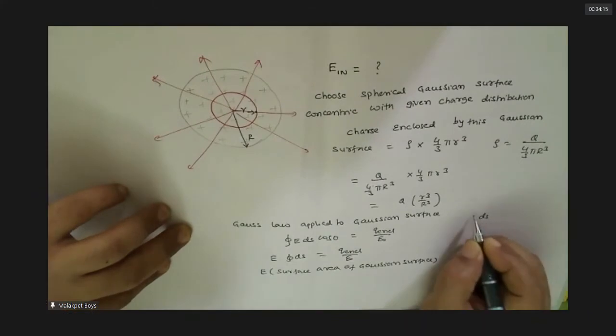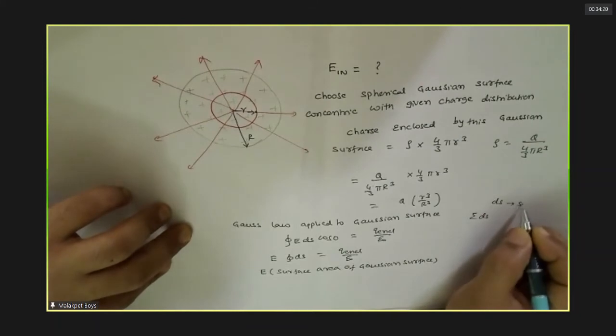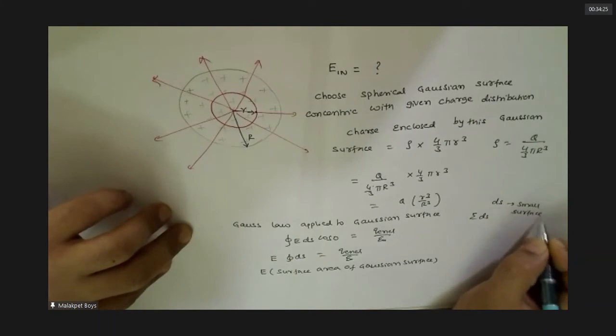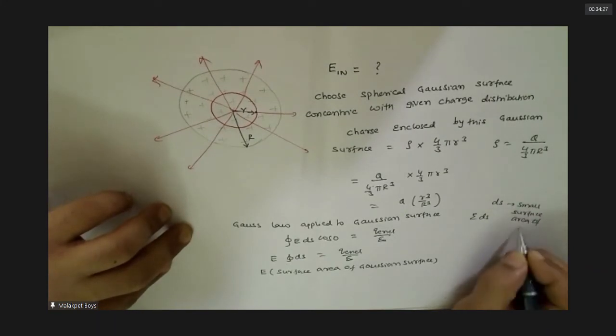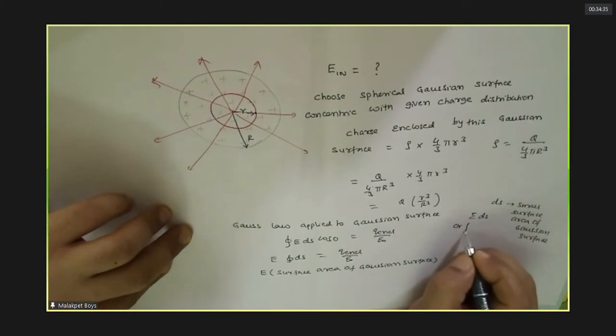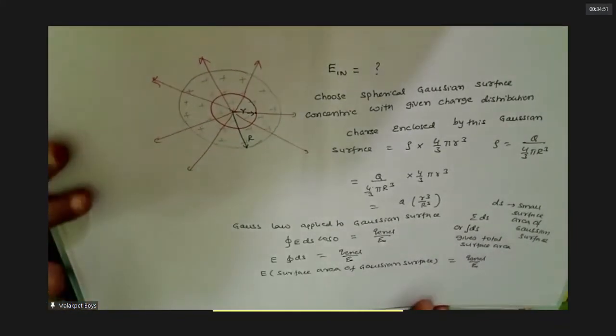Because ds is part of the Gaussian surface, no? That will be the total area. What is there, substitute, no?